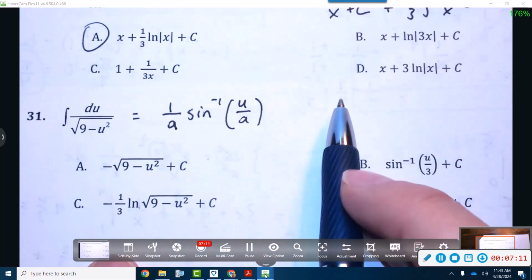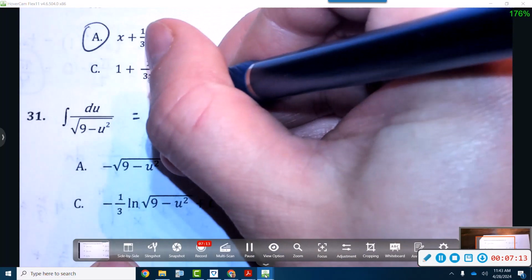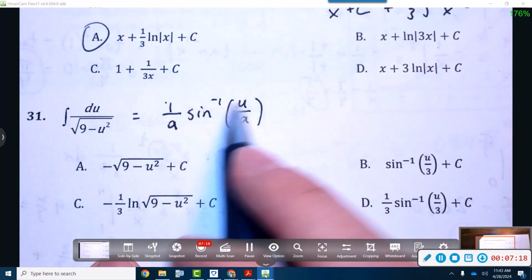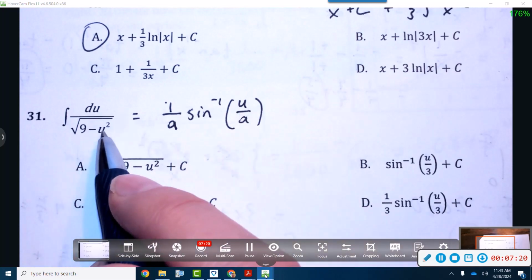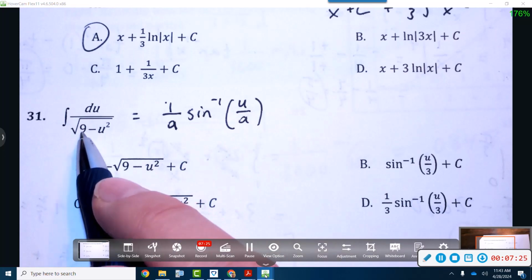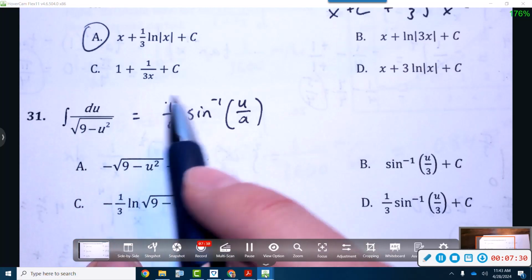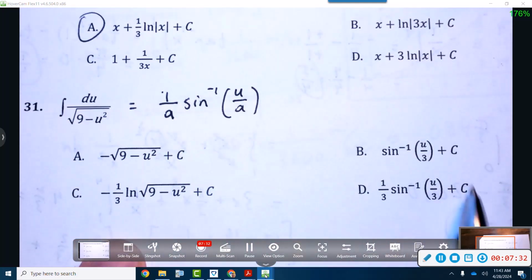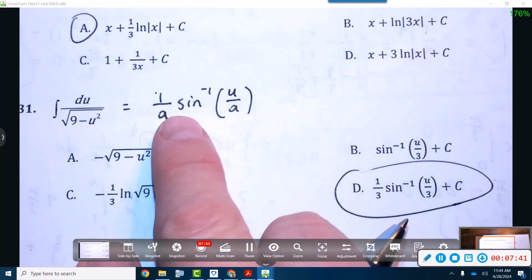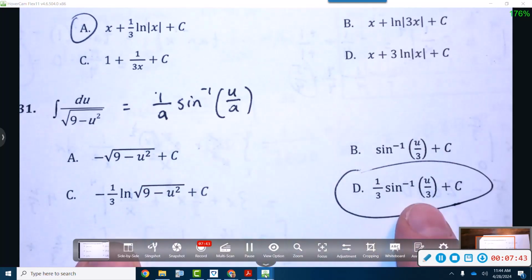Yeah, so this is du, and because u is actually just u, our a is going to be 3. This is a squared, so that means the a has to be 3. So to take the antiderivative is just following that formula. So in the beginning of Calc 1, or at the end of Calc 1, early Calc 2, you're just kind of following these tables there and looking at the formula, making sure you can adapt from one to the next. So this has got to be it.